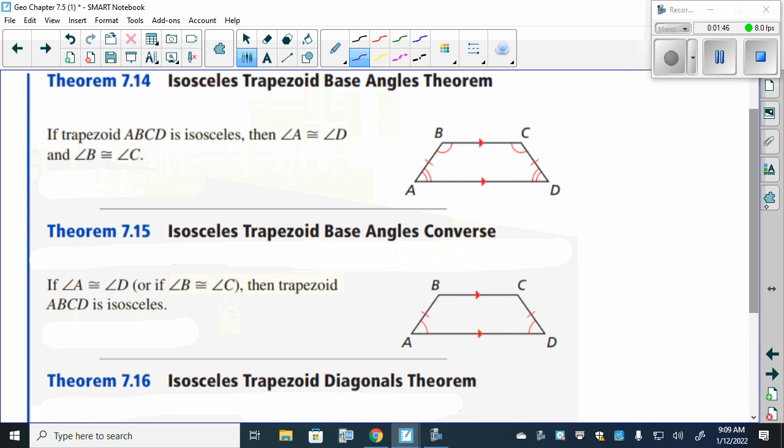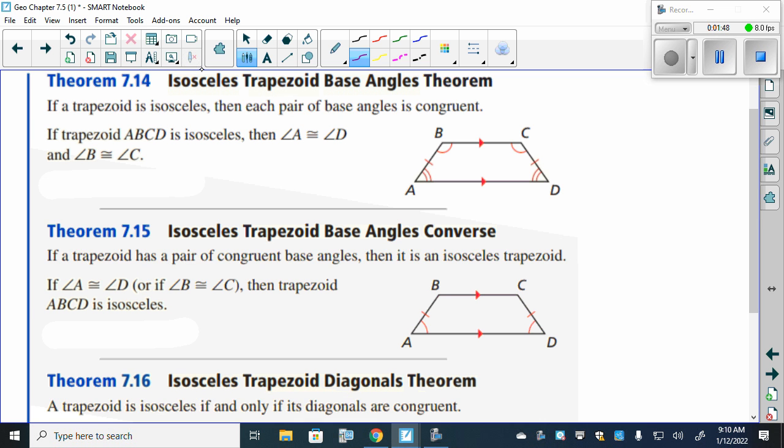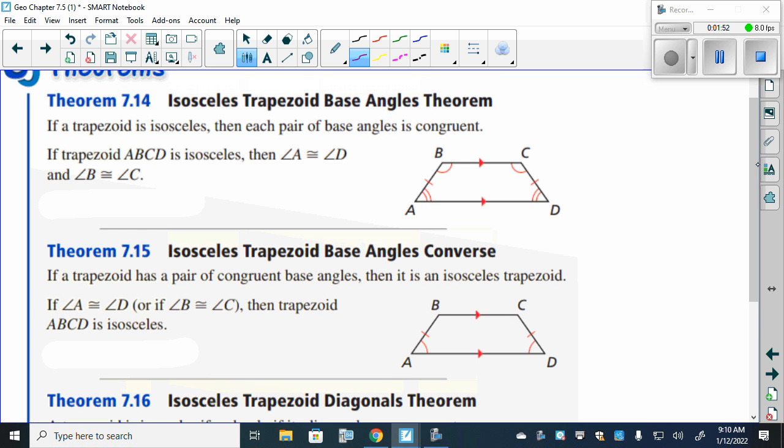And we do have three main properties with trapezoids. Isosceles trapezoids specifically. These only work with isosceles trapezoids. The first one is that if a trapezoid is isosceles, then each pair of base angles is congruent. So if it's isosceles, the base angles are going to be the exact same.